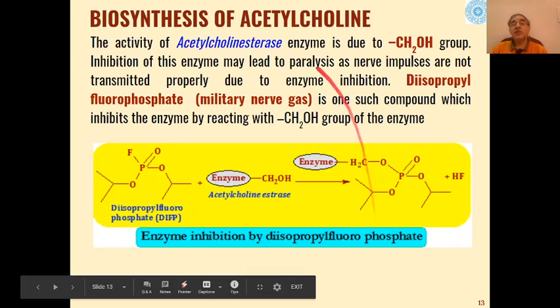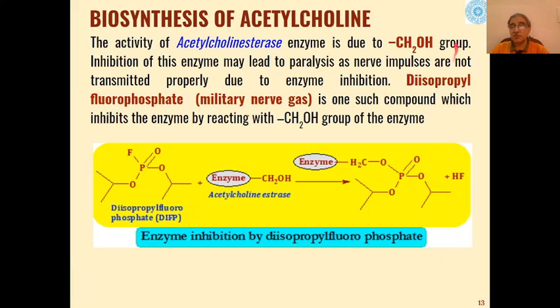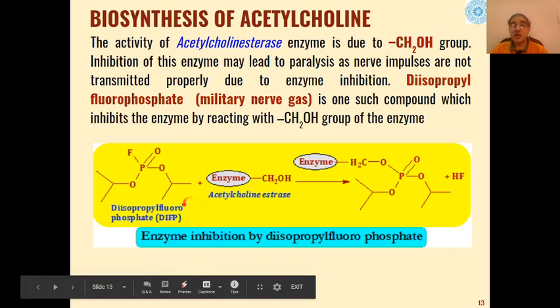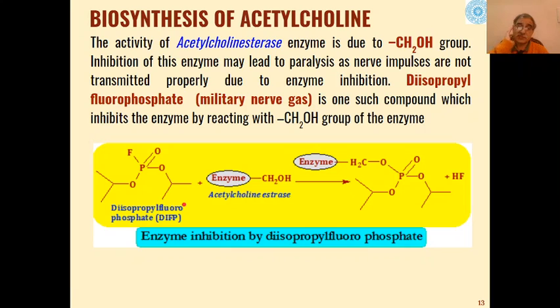Then the activity of this enzyme acetylcholine esterase is due to this group. This is proved from the fact that when this enzyme is reacted with diisopropyl fluorophosphate, that is DIFP, a military nerve gas, what will happen?